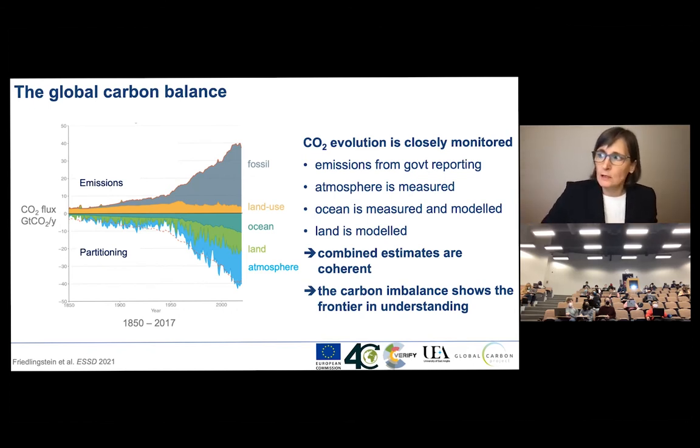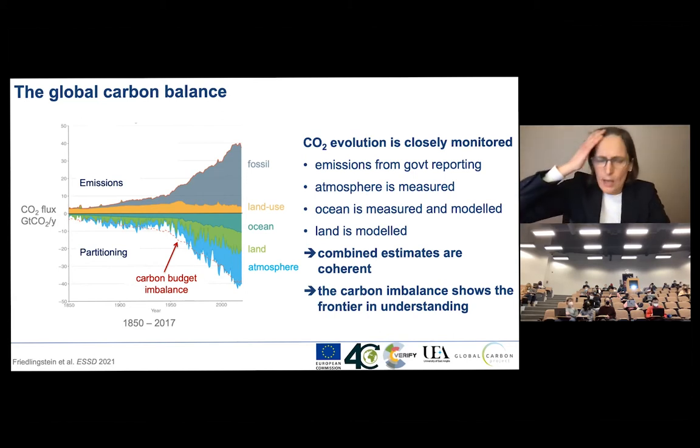But if you start looking at the differences between this red line and the sum of the ocean, land, and atmosphere, you see that there are pretty substantial differences, and the differences have a signal that looks like climate variability, but is not attributable to any one single mode of climate variability.